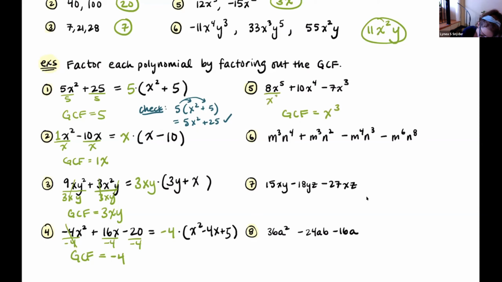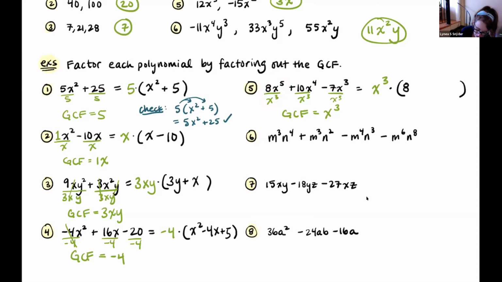Okay, so let's see what will be left over when we divide each piece here by x cubed. So we're writing this as x cubed times, in this first piece, we've got 8x to the 5th over x cubed, so we'll still have an 8.